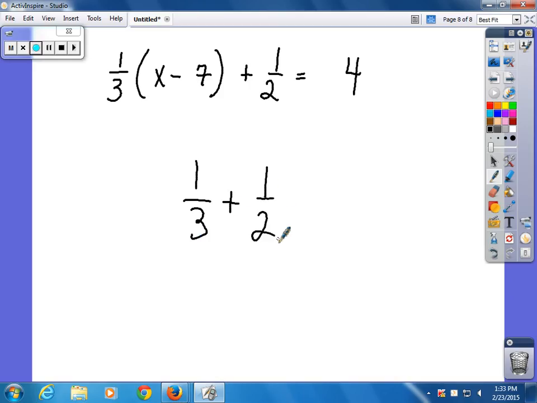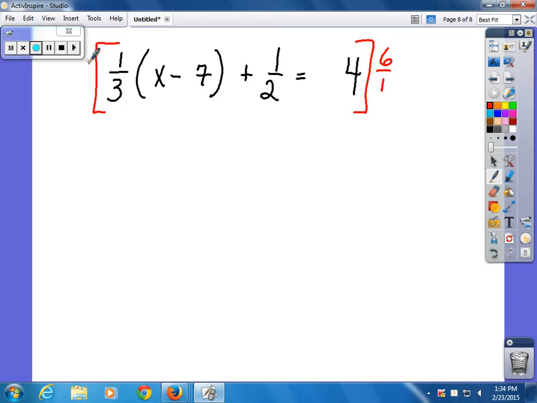What's the common denominator of 1/3 and 1/2? Well, I'm going to multiply through by 6 over 1.